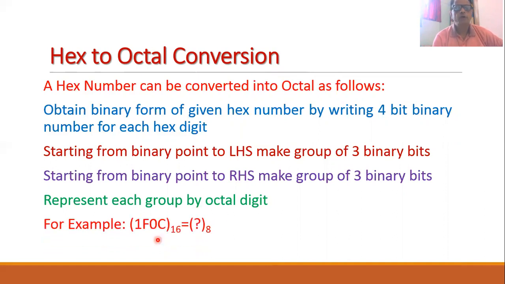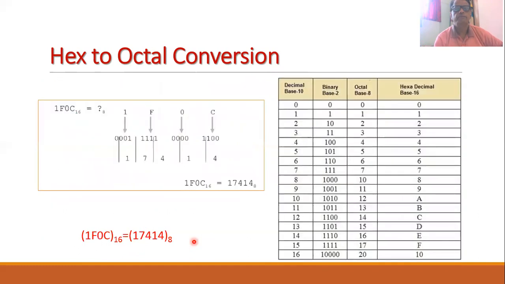Say for example, we have been given a number 1F0C. This is a hexadecimal number, and we want to obtain its octal equivalent. So here I will write first of all the hexadecimal number 1F0C. Now first of all I will convert this number into binary form, and binary conversion can be done by writing the 4-bit binary number for each hex digit.